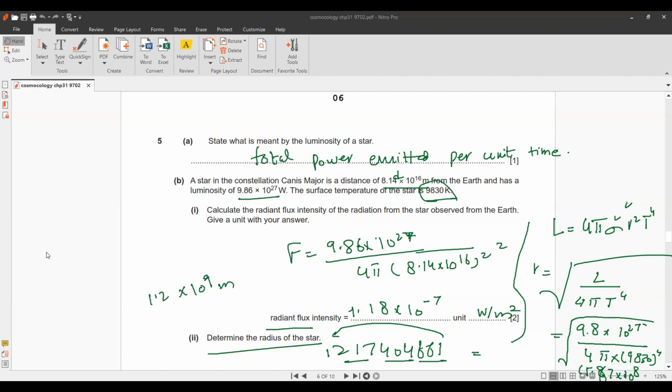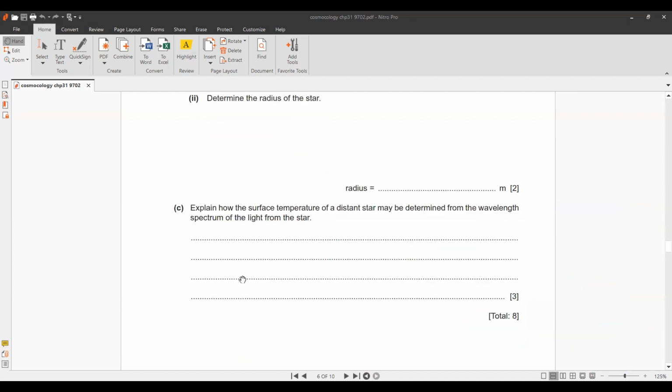For the next part, we have: explain how the surface temperature of a distant star may be determined from the wavelength spectrum. For that, we have Wien's displacement law, where the product of wavelength and temperature is equal to a constant.